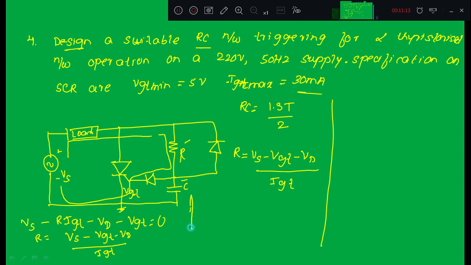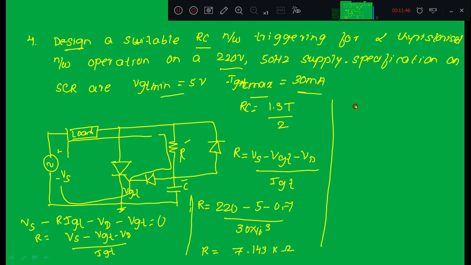So R I want to calculate. R is given as, Vs is given in the numerical as 220 volt. 220 minus Vgt, given in the numerical as 5, minus 0.7, divided by Igt, given as 30 milli. If I simplify I get R as 7.143 kilo ohm.